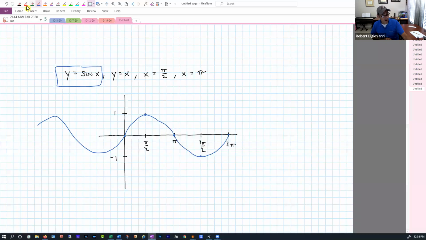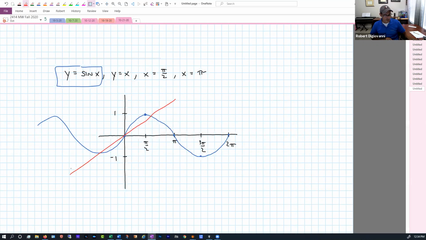Then we have the line y equals x, which is the identity. So you have to be careful here because I know it cuts through. I'm not quite sure where it cuts through, but it does cut through.